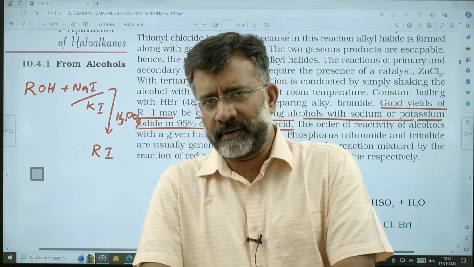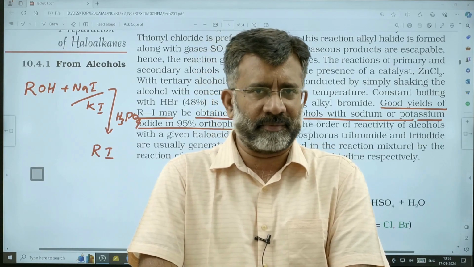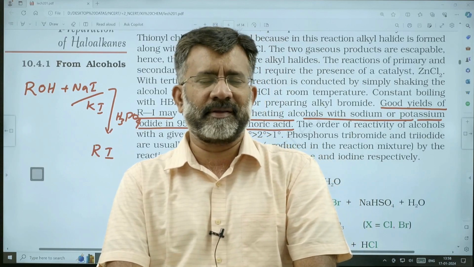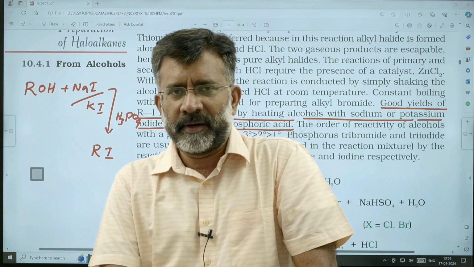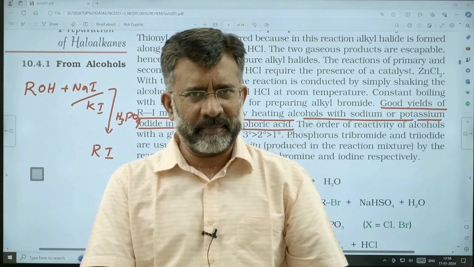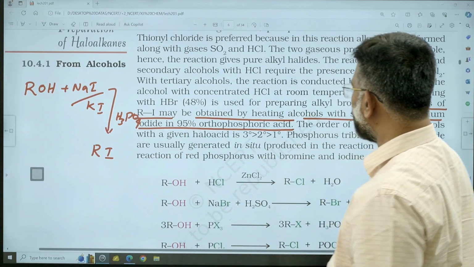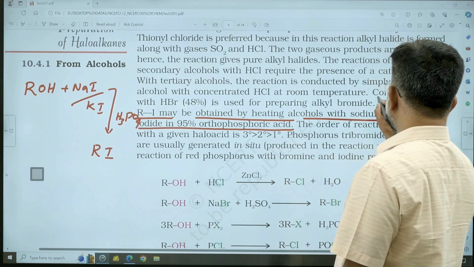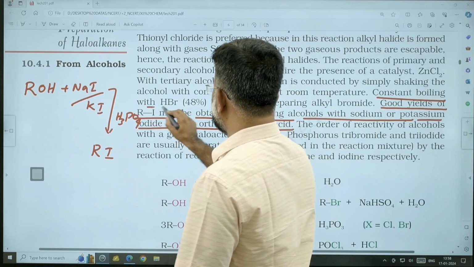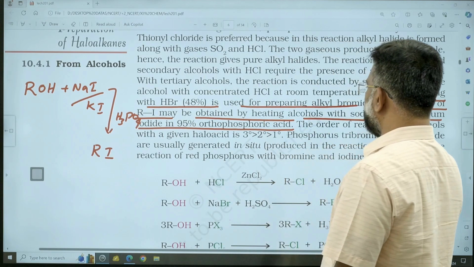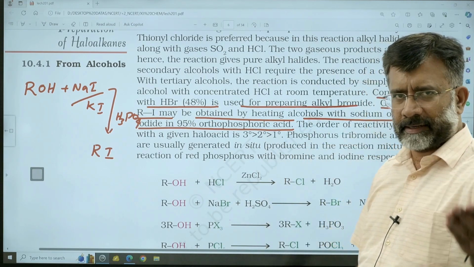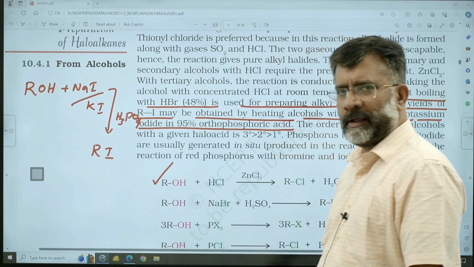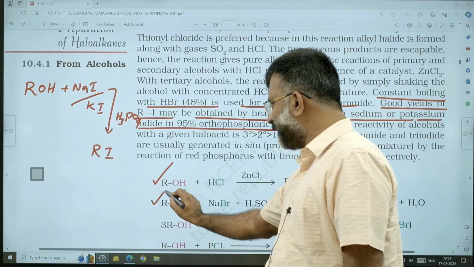Normally, when we talk about halides, it is chlorides and bromides. There will be some changes in the preparation and properties of fluorides and iodides. I have already commented on this matter, and all of you know that also. One more point: constant boiling with 48% HBr gives alkyl bromide. That is another possibility apart from this reaction. So we have gone through this reaction in detail, and this reaction also.